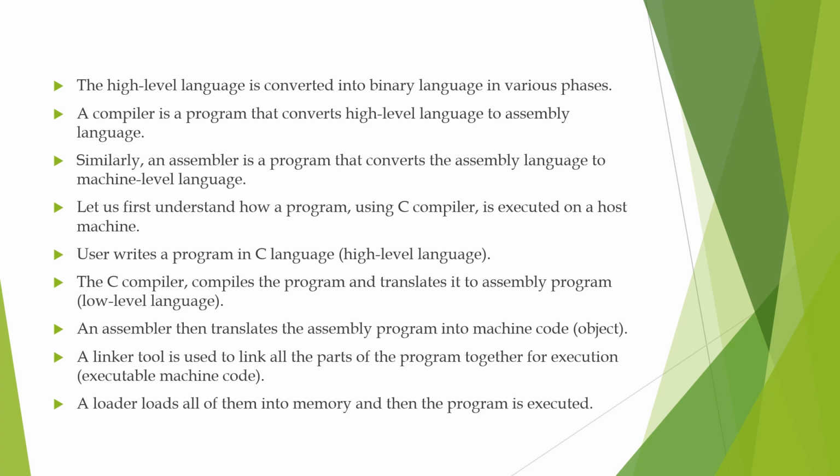It compiles the program and translates it into the assembly program. Then what will the assembler do? An assembler translates the assembly program into machine code. Then comes a linker tool, used to link all the parts of the program together for execution. Then a loader loads all of them into memory and then program is executed.